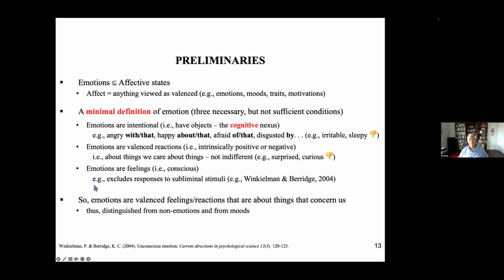So we think that measured responses in terms of choice or behavior to subliminal stimuli is not evidence of unconscious emotions, but is evidence of unconscious affective states, general positive or negative valence. So for us, emotions are valenced feelings or reactions that are about things that concern us, and this enables us at least to keep out of the domain of emotions non-emotional states, things like sleepy, and moods like irritable.